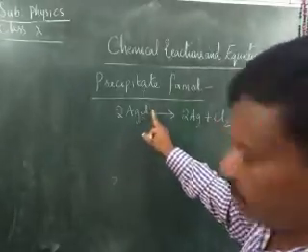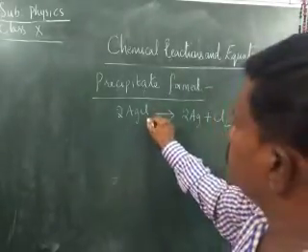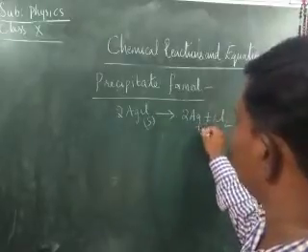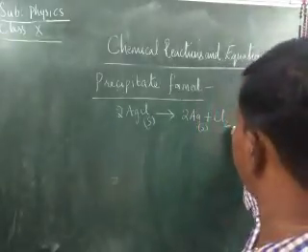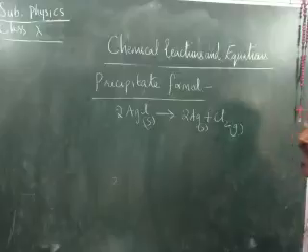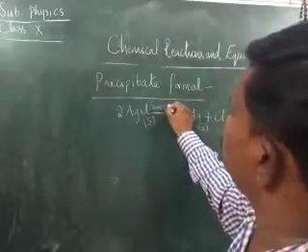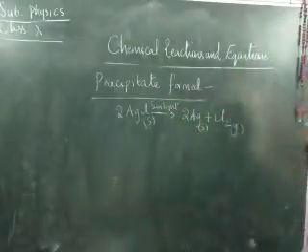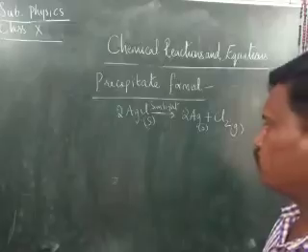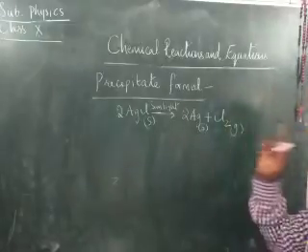Silver chloride is a solid, silver is also a solid, and chlorine is a gas. So silver chloride in the presence of sunlight gives silver, and chlorine gas is evolved, children.